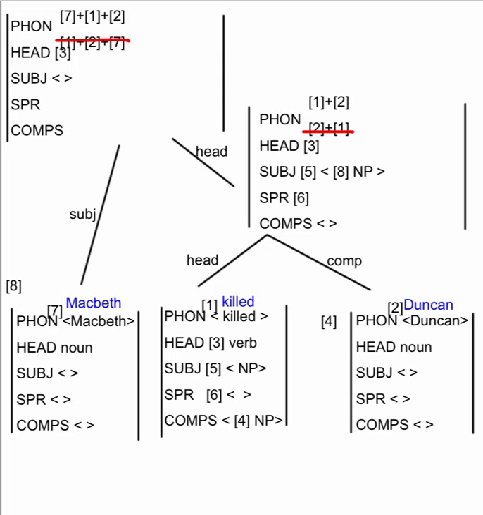Number 8 refers to the element on the list, this noun phrase, which ultimately is the noun phrase Macbeth. The tag number 5 refers to the list containing that noun phrase. Now we've got two more attributes whose values we have to derive.